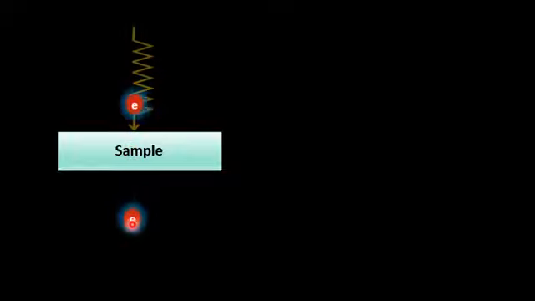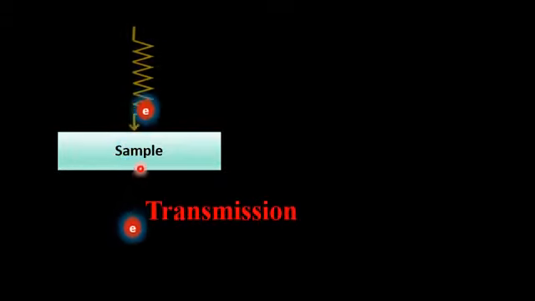Consider this as a schematic representation of a sample surface. When an incident beam of a highly energetic stream of electrons is incident on a sample surface like this, the electrons will be transmitted from the sample like this.